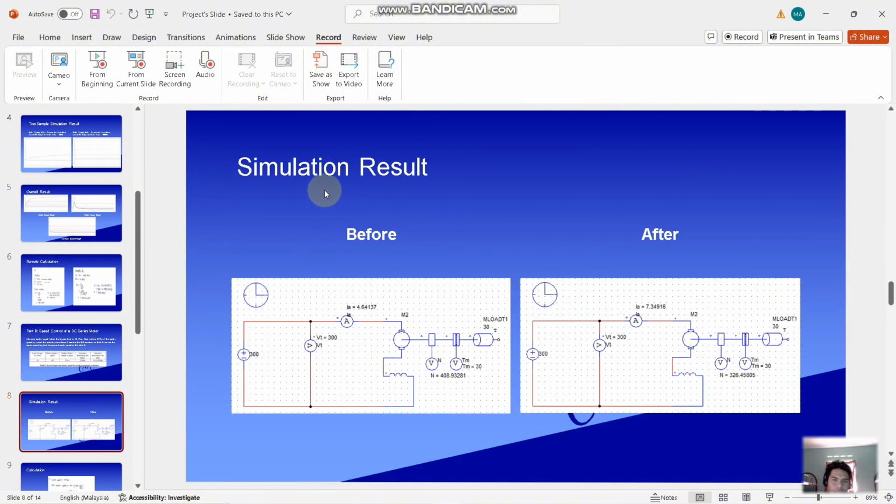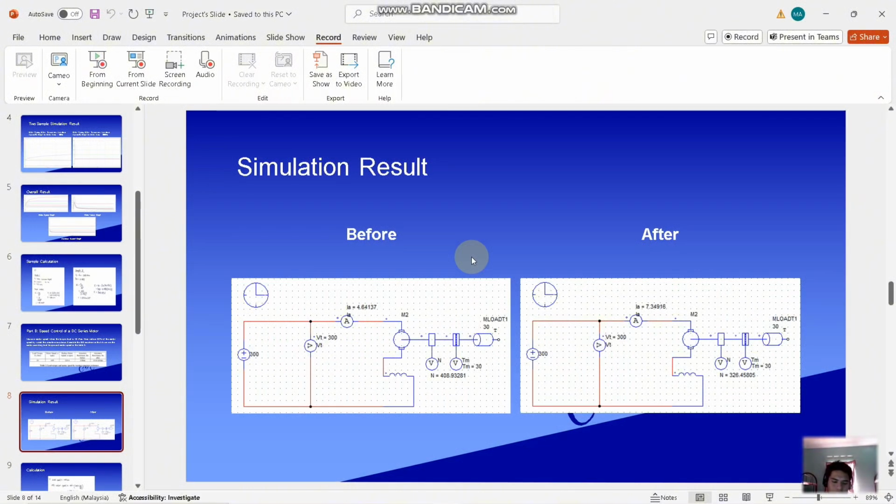For the simulation result, for the circuit before, the DC voltage supplying power to the circuit is 300 volts. The ammeter shows a current of 4.64137 amperes. The motor is connected in series with the emitter resistance and field winding.